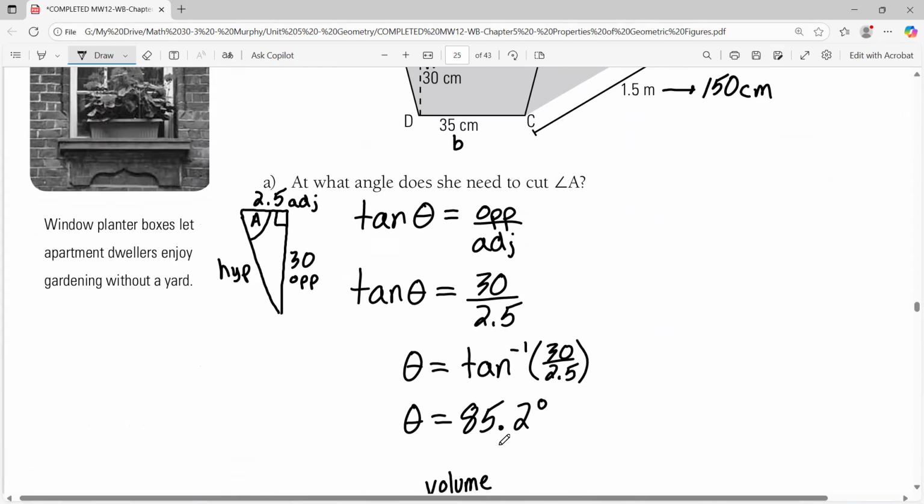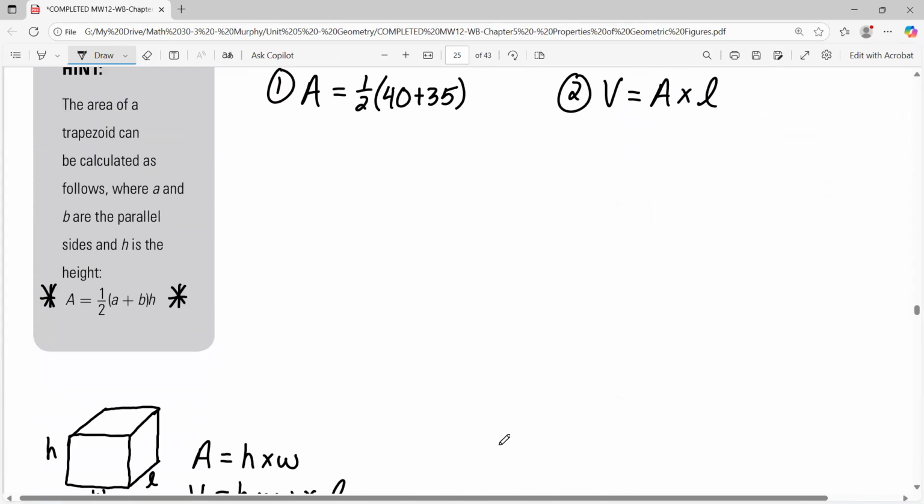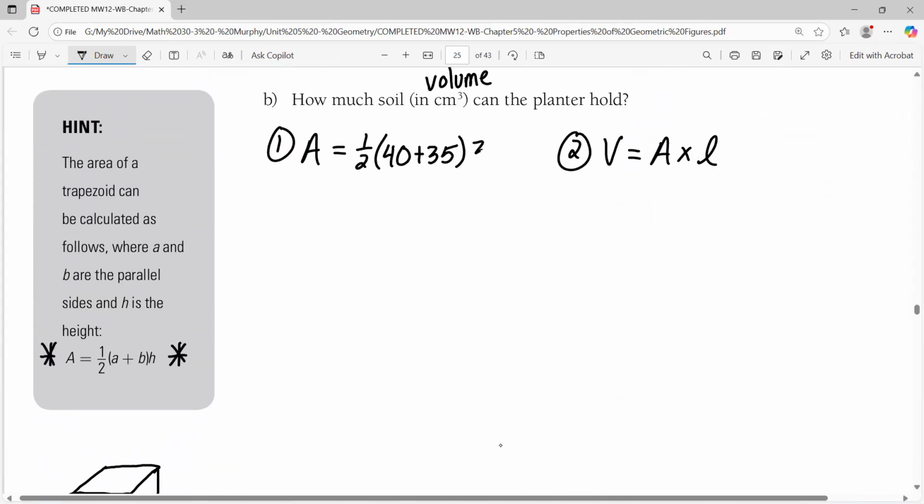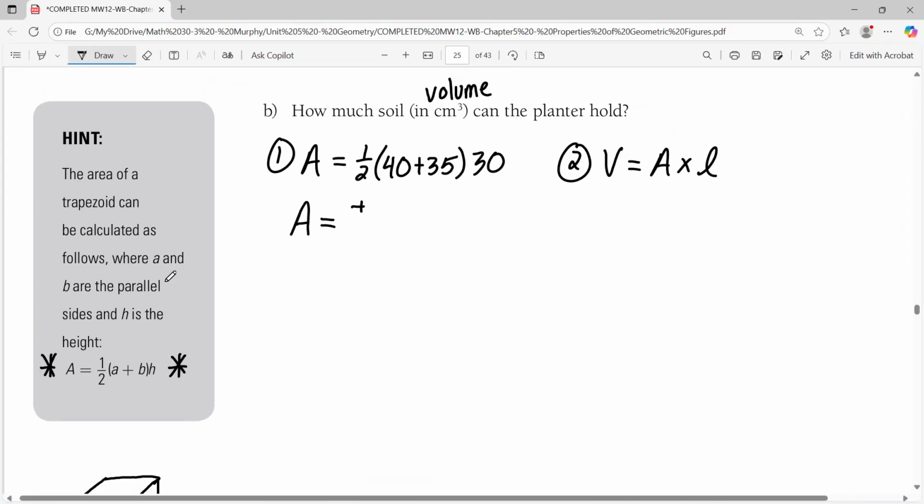So add that in. And this will get us the area. You got to make sure you crunch this all in the right order. This turns into 75 and then 30. Okay, now you can multiply them all. And you end up with 1125 centimeters squared because it's area.